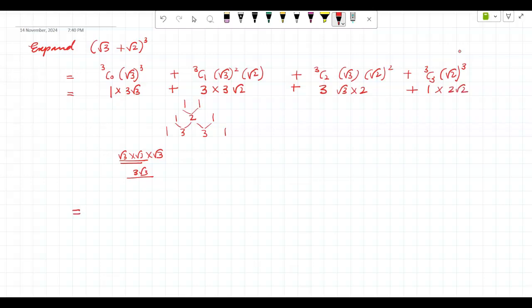So if you simplify this, this is 3 root 3 plus 9 root 2 plus 6 root 3 plus root 2. So that's how much? Plus 2 root 2, yeah. So 9 root 3 plus 11 root 2.